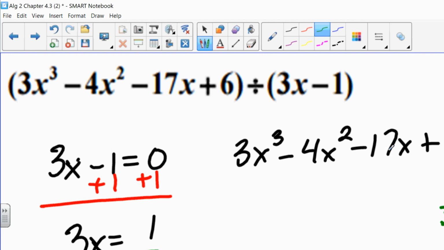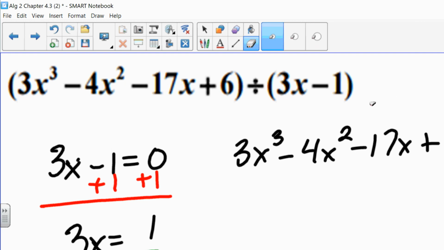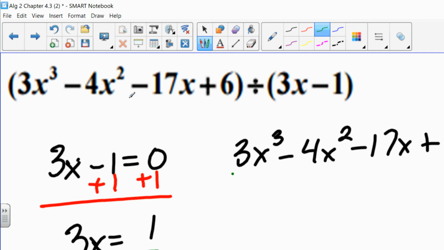But does this match up with our x squared? No, we have 3. So what we actually have to do is divide this entire thing by 3 to get to the right answer.